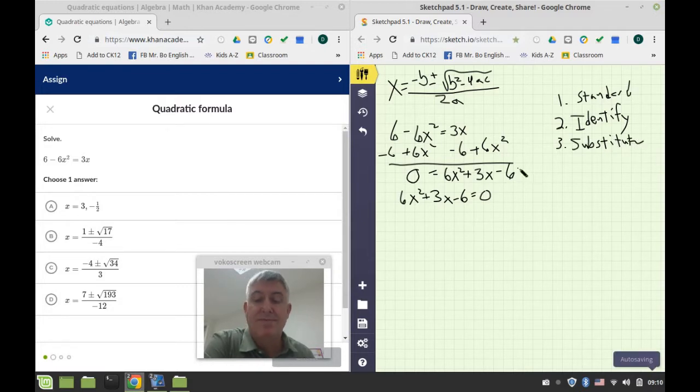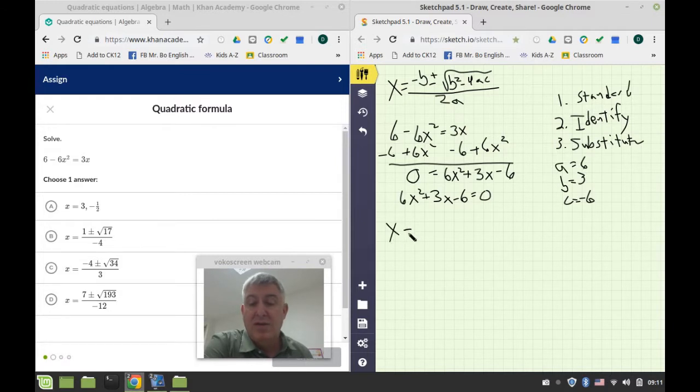Substitute. Okay. So we moved it into standard form. Our step 2 is identify A, B, and C. A equals 6, B equals 3, C equals -6. Okay, and then my last step, number 3, is to substitute.